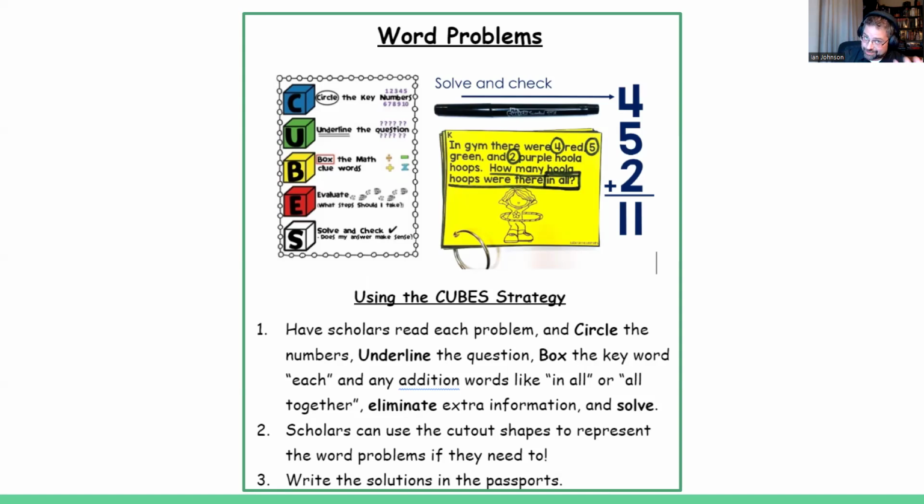You can use each for division as well, so we have to be careful. Each coupled with a subtraction keyword would be division. We're not going to get into that today, but if you have extra time, you can definitely talk about it. So circle all those numbers, box all those keywords, and solve the problem with them.